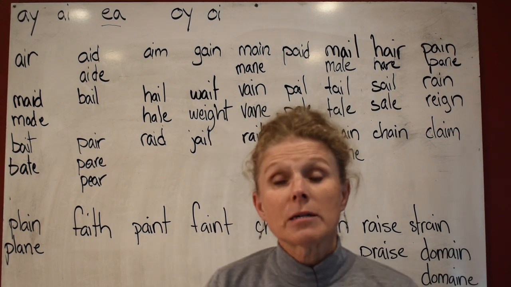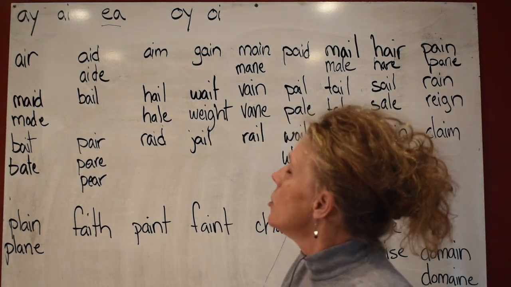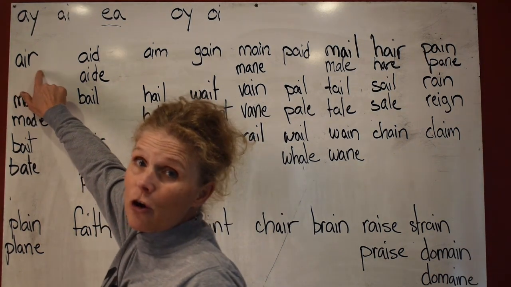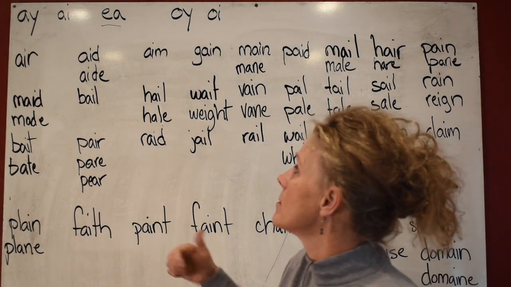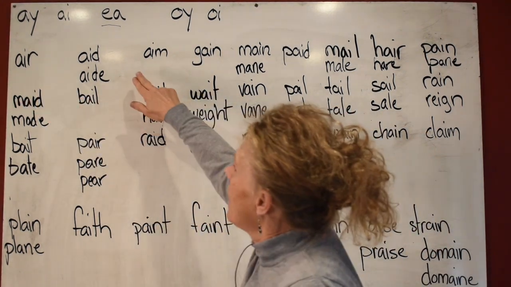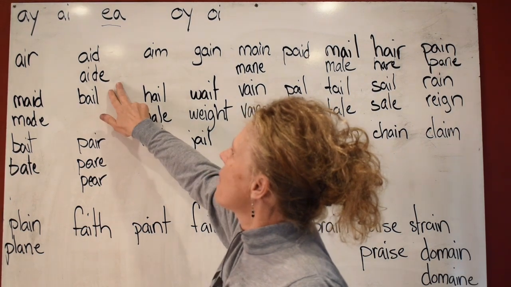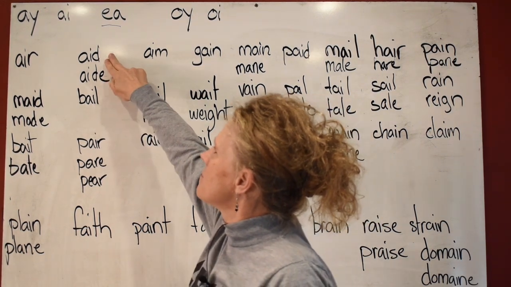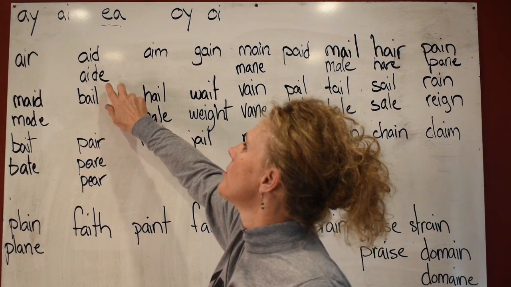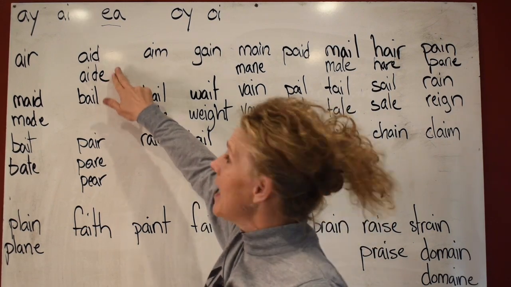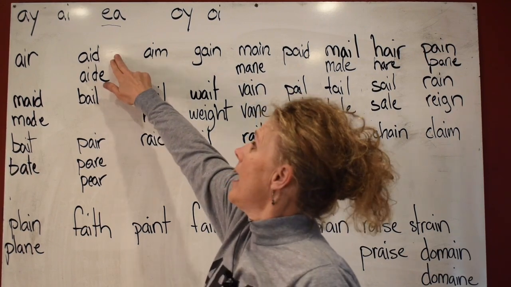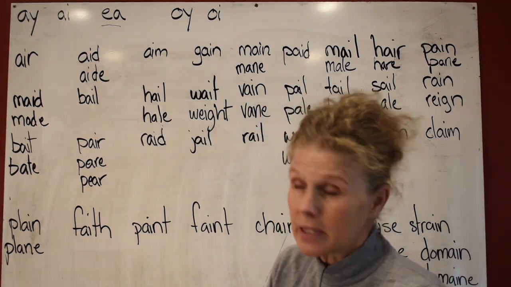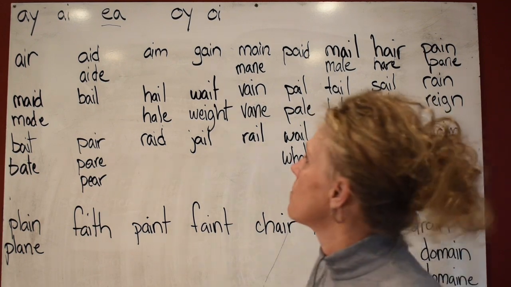They're pretty easy because they are at the end of words. So we have air, air. And then you're going to have weird words like this. Sometimes, not all the time, but this says aid and this says aid. I'm going to give you aid, and then this is an actual person that is aiding you.